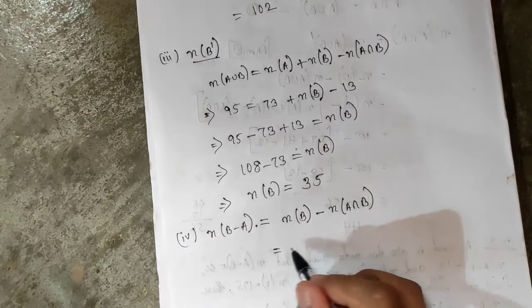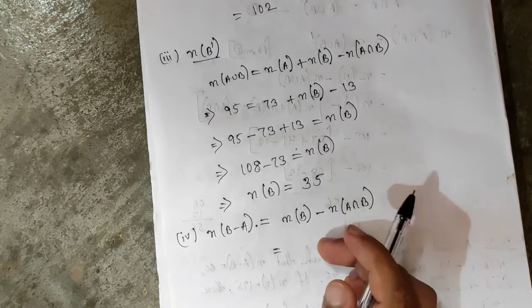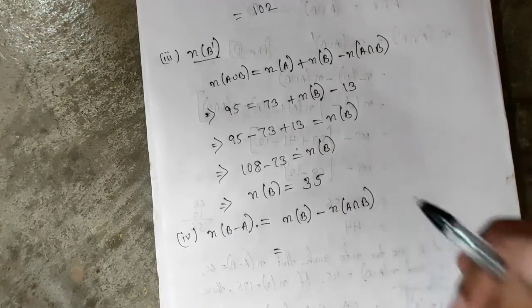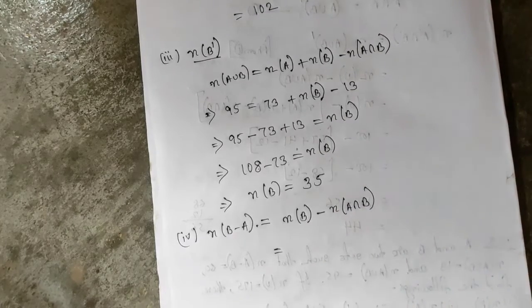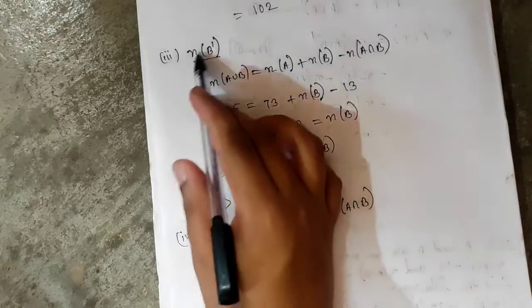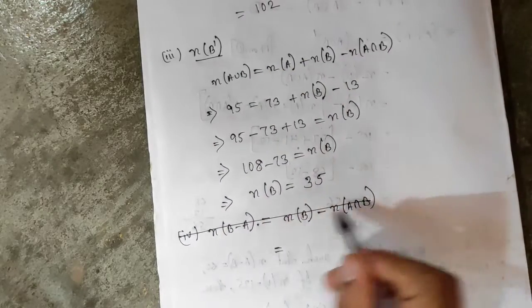Sorry, we need to find n of B dash here. In the third part we have to find n of B dash.